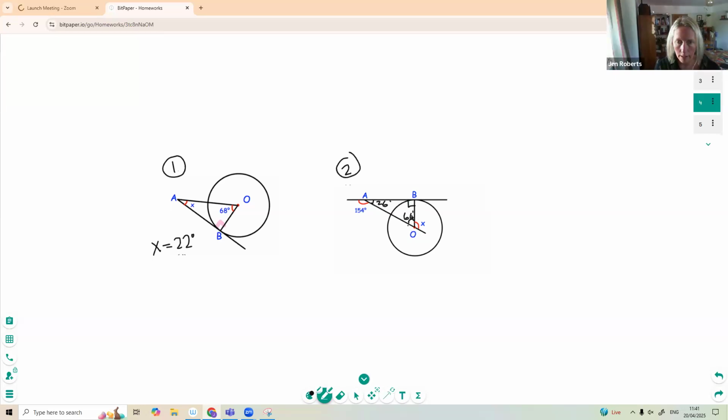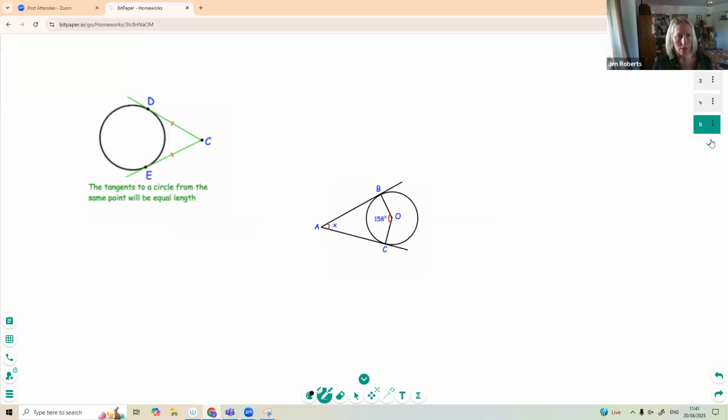And then here, can we see the straight line? Angles on a straight line add up to 180, which gives us this one here is 116.